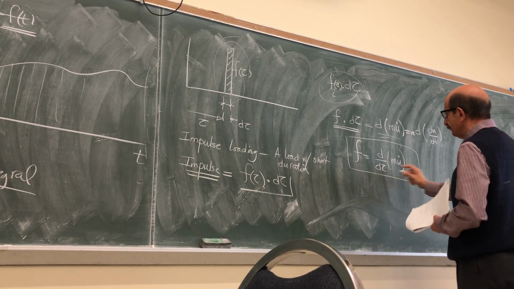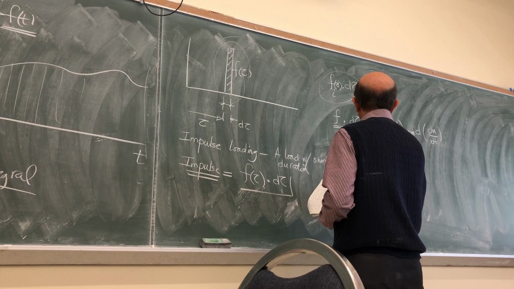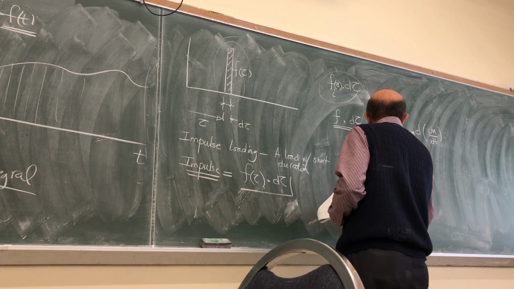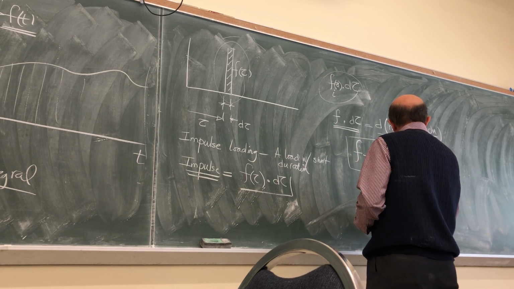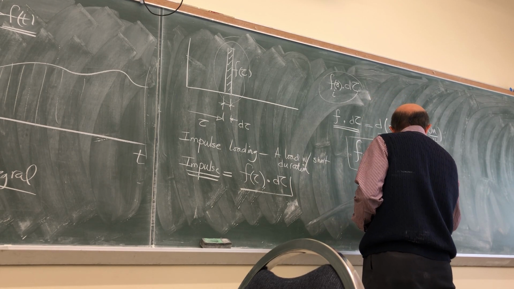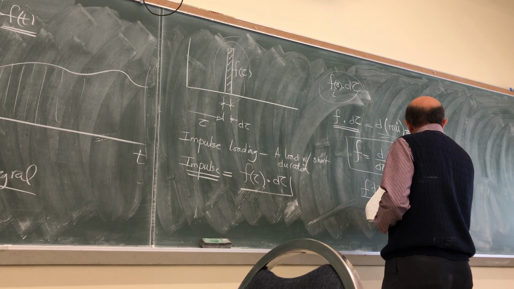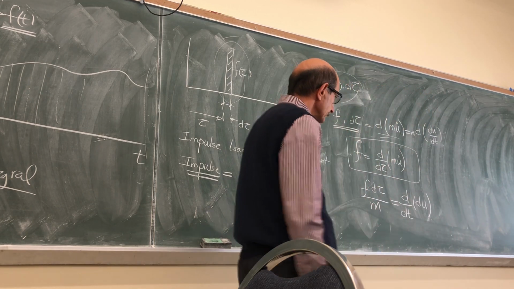If I write this in a different way, d tau over m is equal to d of du.